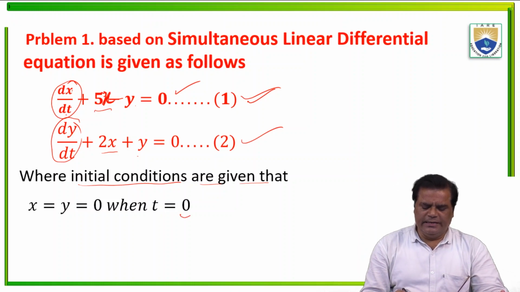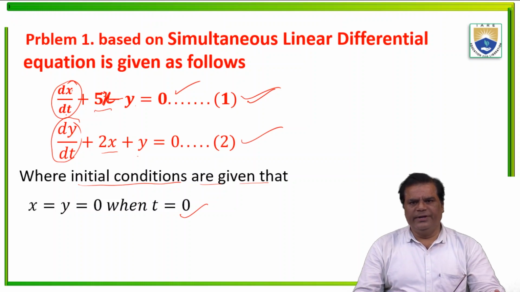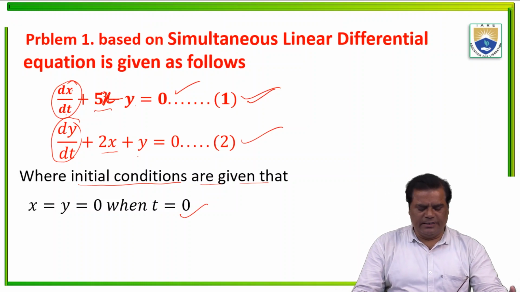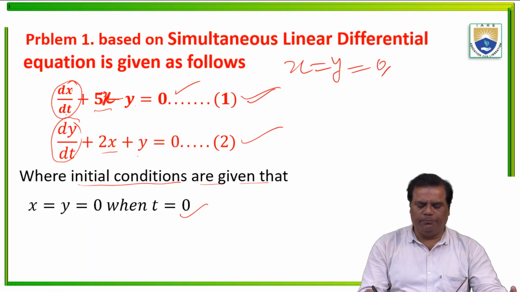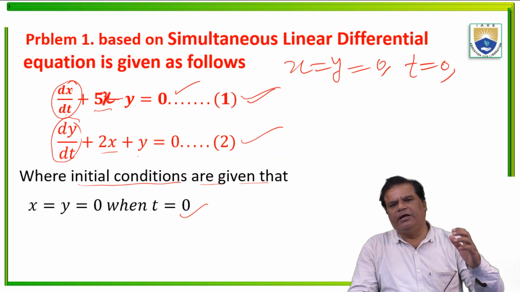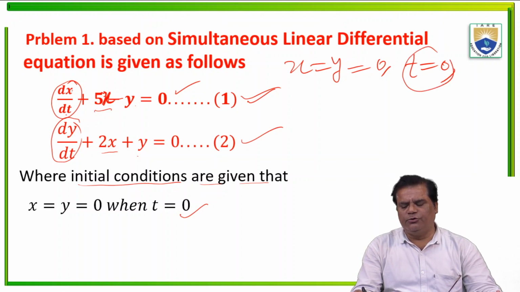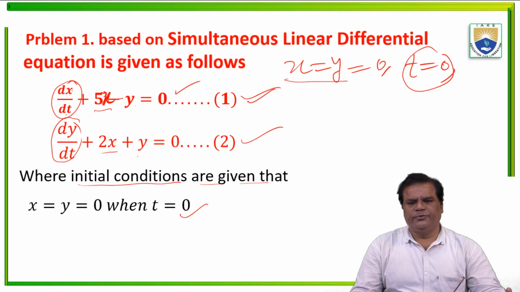So here initial conditions are given. Here we discuss the initial condition: x equal to y equal to 0 if t is 0. If the value of the independent variable is 0, then both x and y are 0. What do I mean? X means x(t).